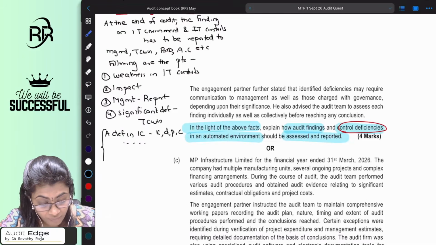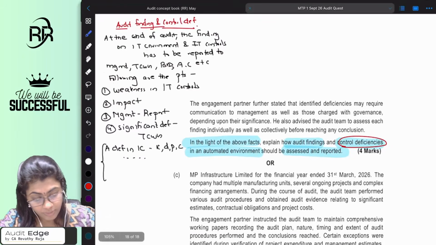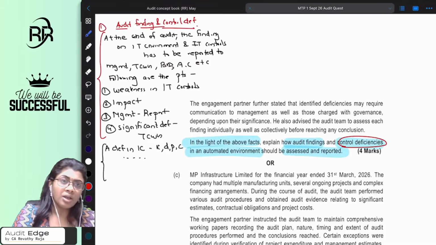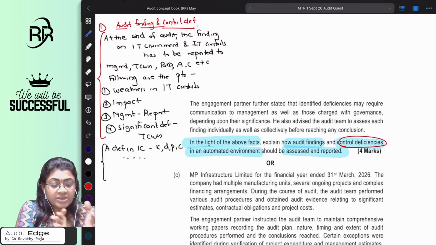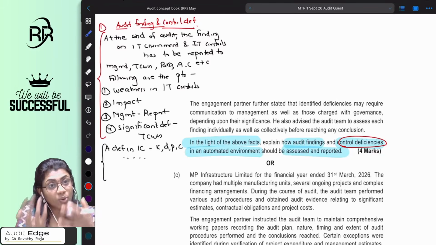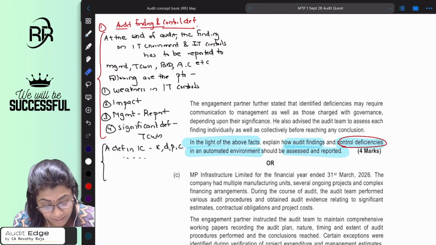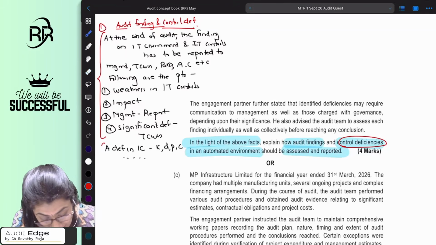That definition of internal control you will write. So in the first part, you will write this: at the end of the audit, the findings of IT controls have to be reported, like what is the weakness, what is the impact. It should be reported to management, if significant, TCWG. Then you will explain what the deficiencies in control are.